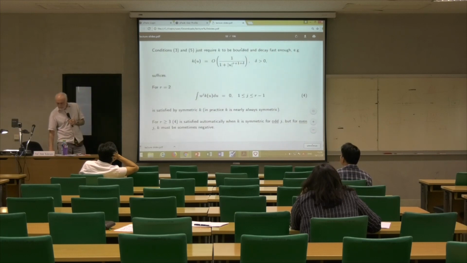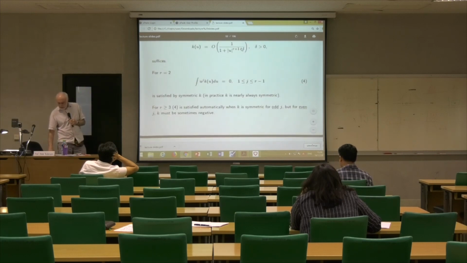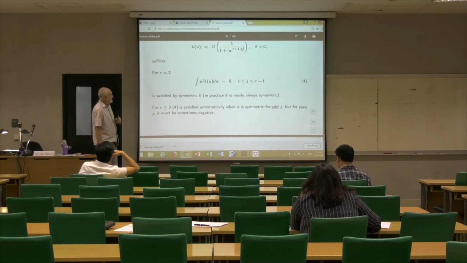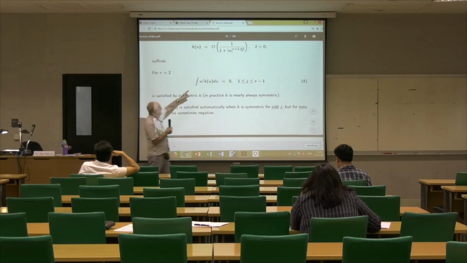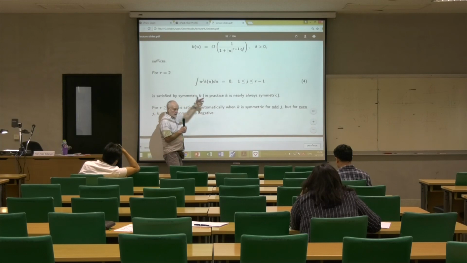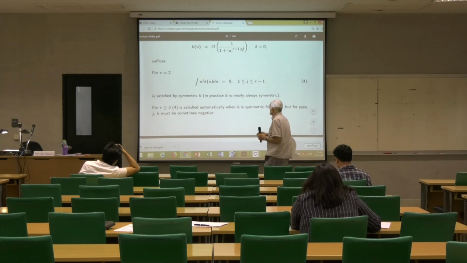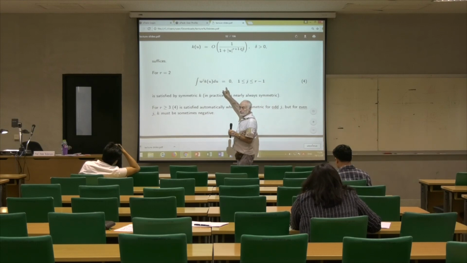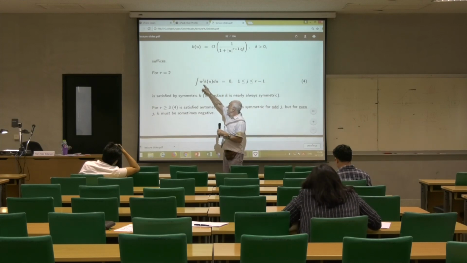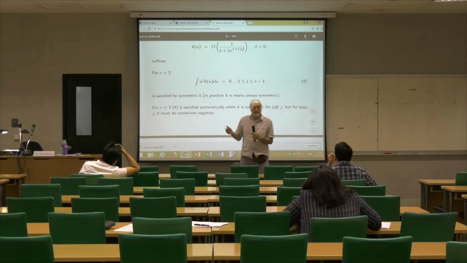But supposing we're more ambitious, and we take r greater than or equal to 3. Well, again, symmetry can help, because if j is an odd integer, so long as the kernel decay is slow enough so the integral exists, this will be 0. Like for j equal to 3, for example, k is symmetric, it will be 0.